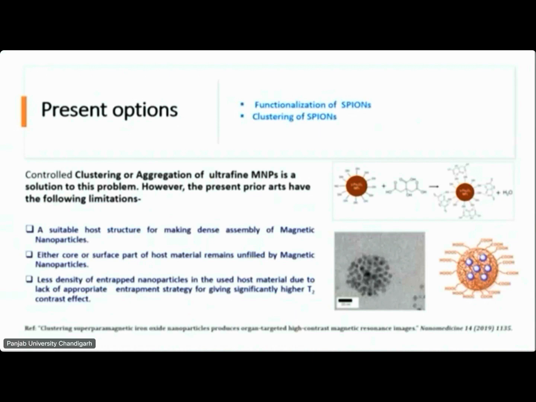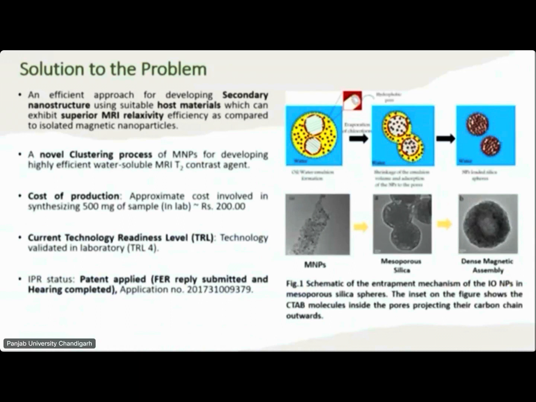Our research is to develop a dense cluster of magnetic nanoparticles. In the patents, papers and materials available, the clusters are not very dense. If you make dense clusters, it gives more contrast efficiency. So our research is to develop a dense cluster of iron oxide nanoparticles.